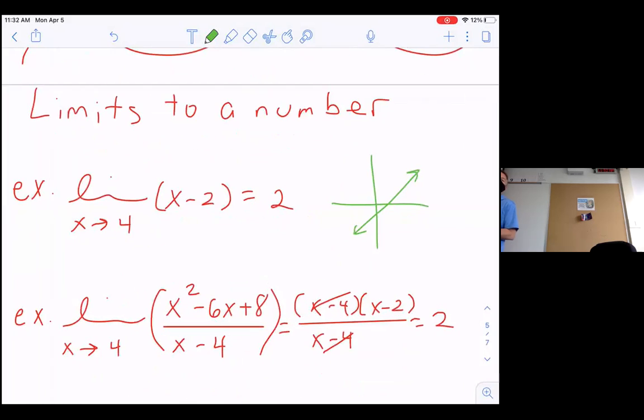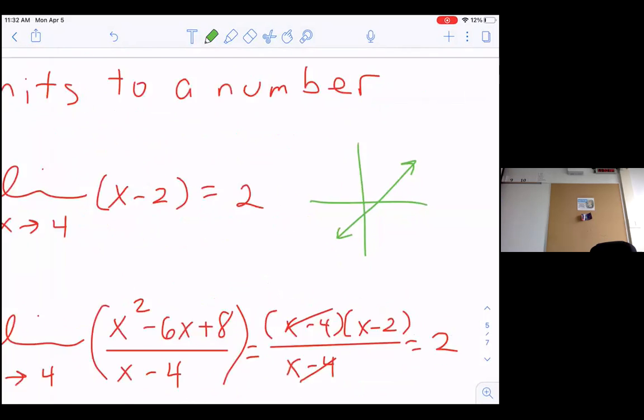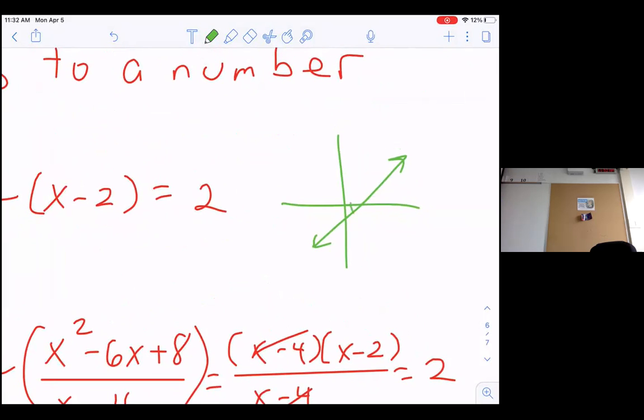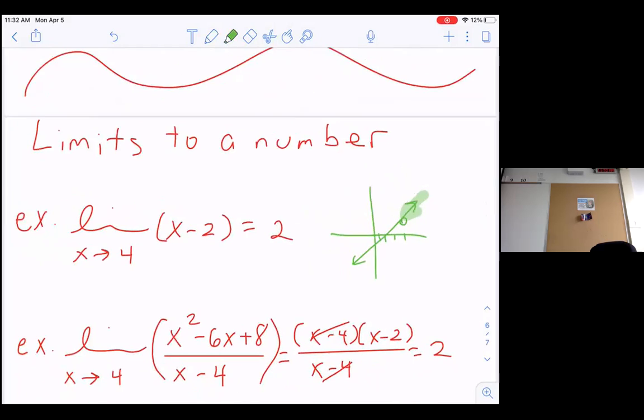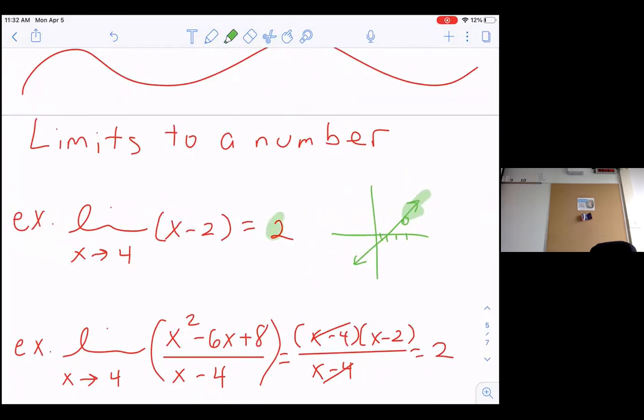Okay, that's the line of x minus 2. So what this question is asking is, when your x value is 4, what does the y value approach? And so if you go 1, 2, 3, 4, we're just talking about this point in the graph right here, and thinking of limits graphically, as we approach from this side and we approach from this side, they go to the same thing. And that's why the limit is equal to 2.